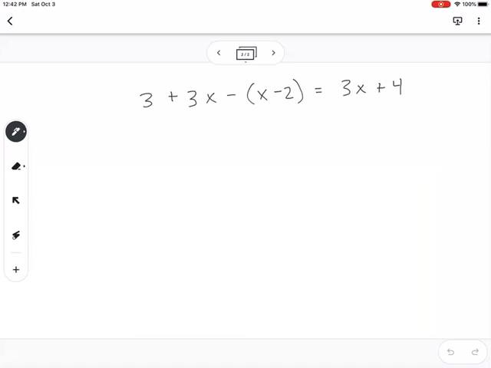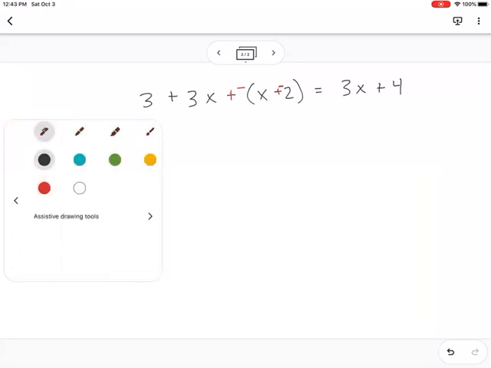The second example we'll look at here, as you can see, the left side of the equation is not simplified, the right side is. So before we do anything, we need to make sure that the left side is simplified. I'm going to change this to plus a negative, because we have distribution to do.